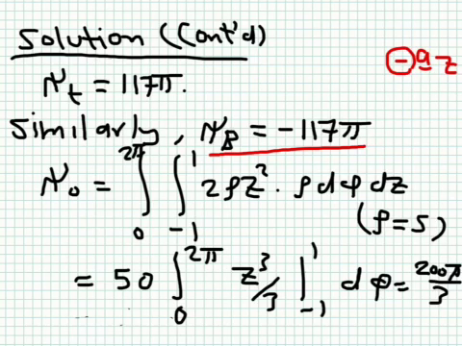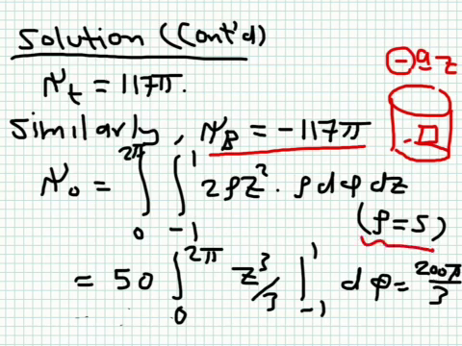So for the outer cylinder, we know that the unit area, as we explained before in the lecture, is rho d phi dz. Rho d phi dz, that's pointing in the rho direction, and rho here is a constant, rho is equal to 5. So we are integrating here the rho component, which is 2 rho squared z squared.